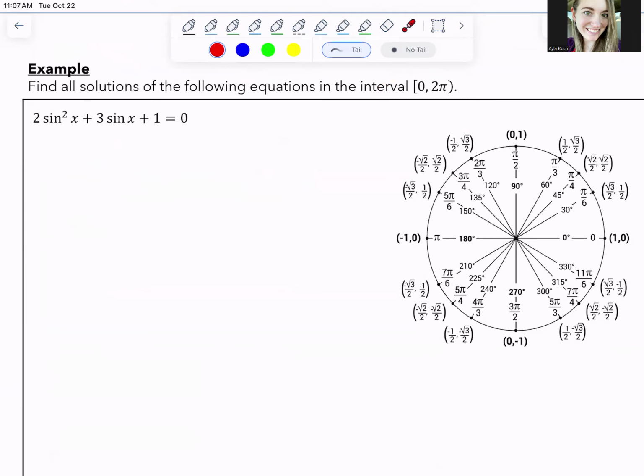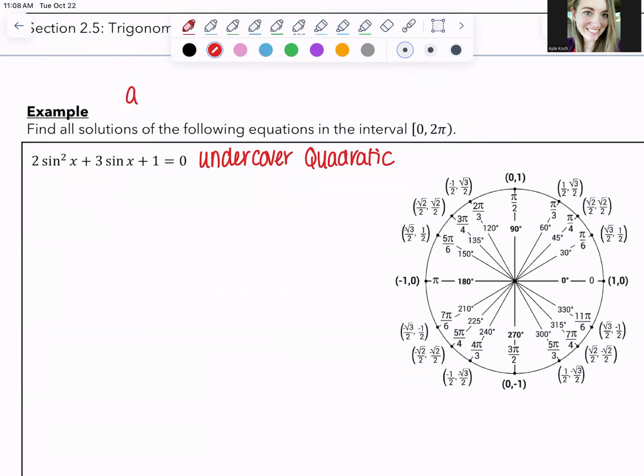This is what I like to call an undercover quadratic. Undercover quadratic, because it's a quadratic. It just doesn't know that it's a quadratic yet. I see a squared term, a singular term, and a constant. And that reminds me quite a bit of ax squared plus bx plus c, a quadratic.